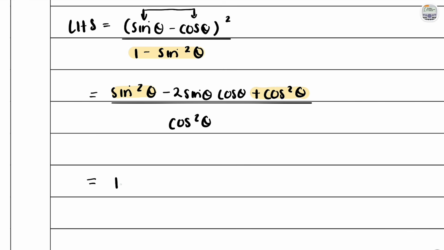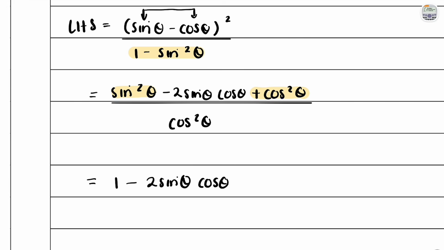So that's going to be 1 minus 2 sine theta cos theta. But at this point, I still can't change that, because if you change it to its double angle identity, sine 2 theta, now you have a 2 theta and you have a cos squared theta. That's not going to work out. They won't simplify. So let's leave it like this.